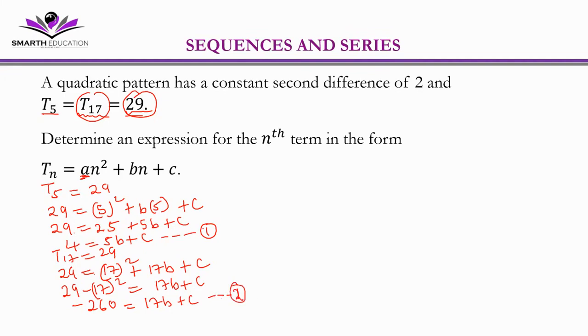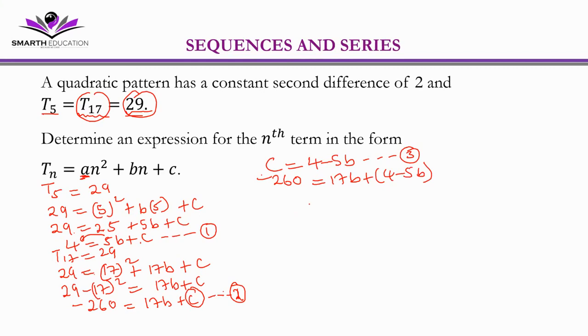Okay, so we have equation 1 and equation 2. Let's create equation 3 from equation 1. Let's make c the subject. So c is equal to what? We transpose 5b, so it's 4 minus 5b. That's equation 3. And then we substitute equation 3 into equation 2. Where there's c, we put 4 minus 5b. It's going to be negative 260 is equal to 17b plus 4 minus 5b.